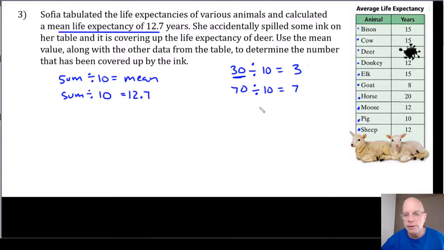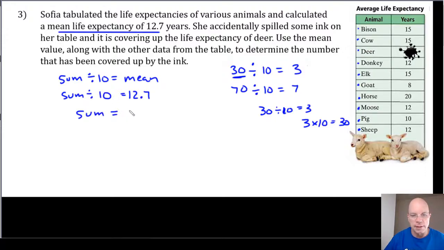So if 30 divided by 10 equals 3, 3 times 10 equals 30. That's just showing you the inverse, that dividing and multiplying are inverse operations. We're going to explore that a lot more when we get into algebra in the next days. So in order to find the sum, we just need to realize it must be 10 times as much as this 12.7. So the sum of the life expectancies would be 12.7 multiplied by 10.